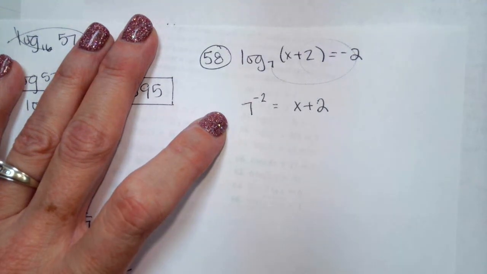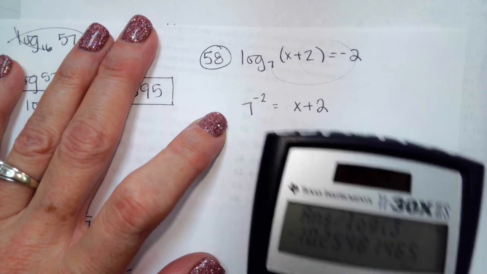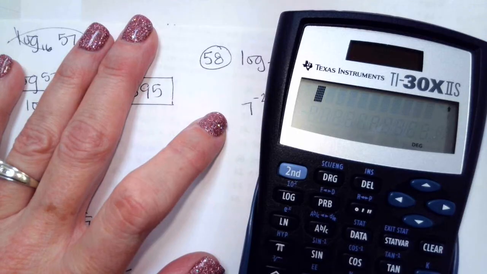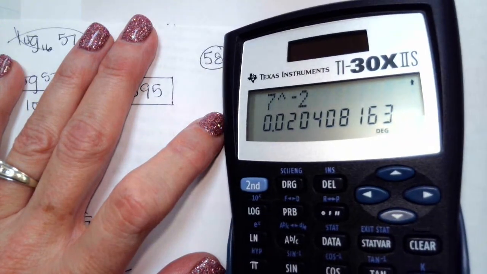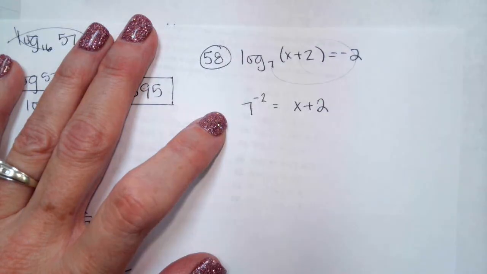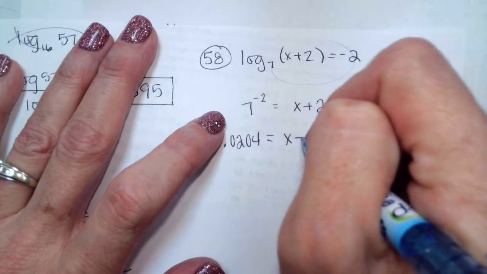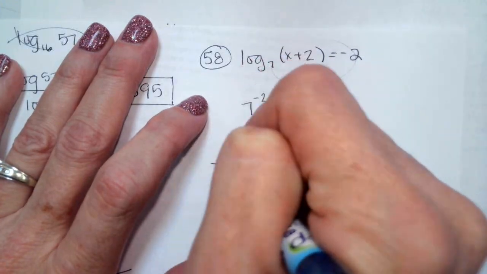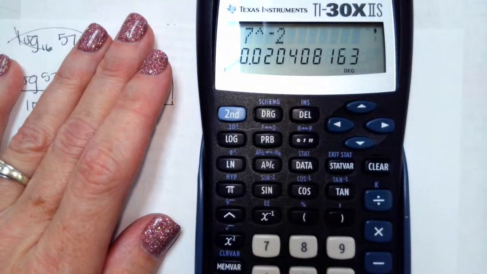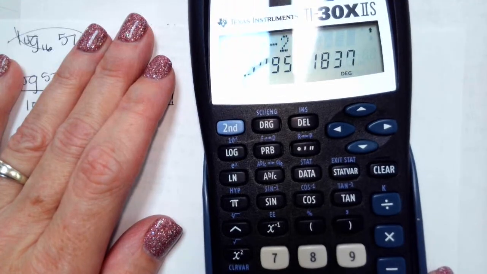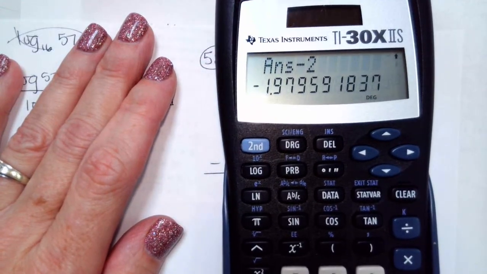Okay, so 7 raised to the negative 2 is the same as 1 over 49, which is the same as 0.0204. And that equals x plus 2. So then we subtract 2 from both sides, and I get negative 1.98.